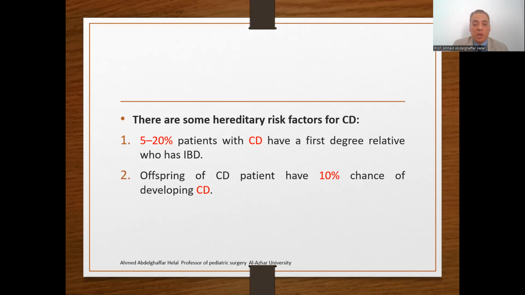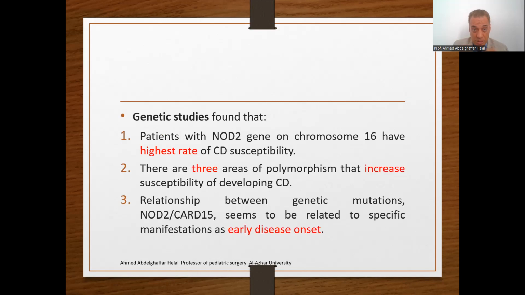The offspring of a Crohn's disease patient have a 10% chance of developing Crohn's disease. Genetic factors: it was found that some patients with the NOD2 gene on chromosome 16 have the highest rate of Crohn's disease susceptibility.